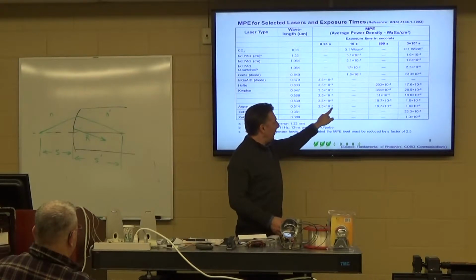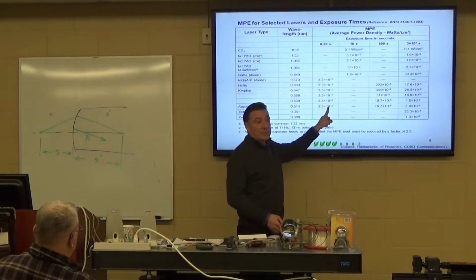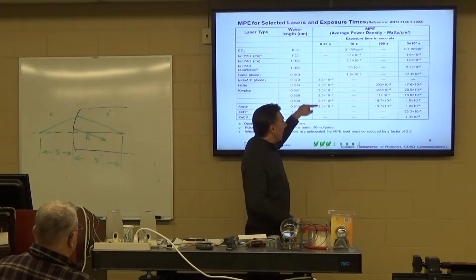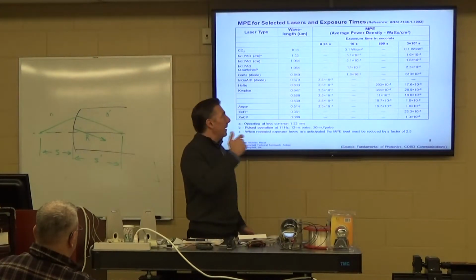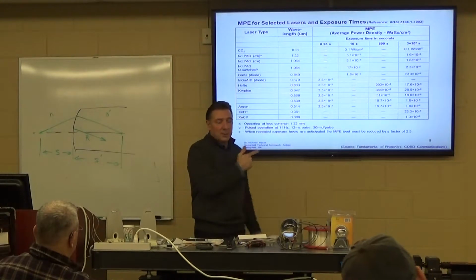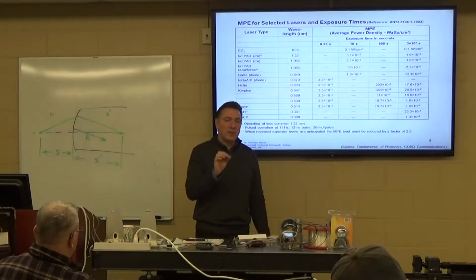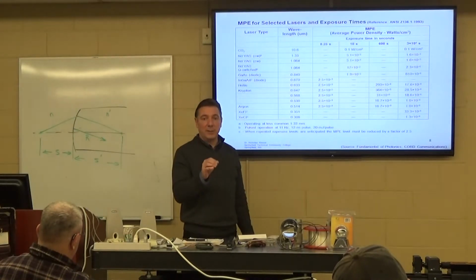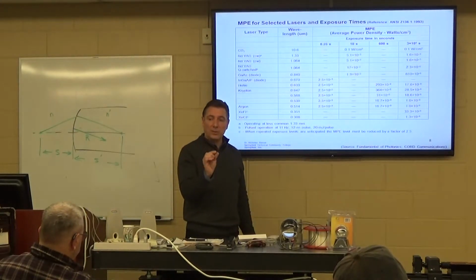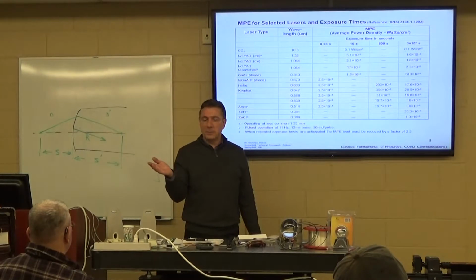What is 10 to the minus third? Milli, okay? So, regardless of what the visible laser is, if you can see it, then in order for you to protect yourself from that, its irradiance cannot be more than 2.5 milliwatts per square centimeter. And that's only for a quarter second. Why a quarter second?